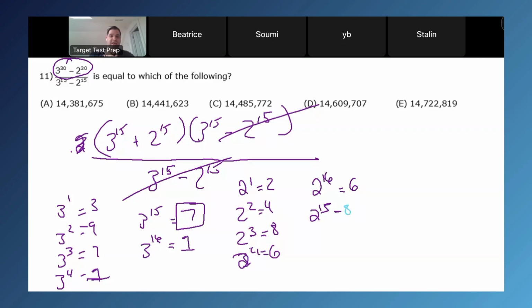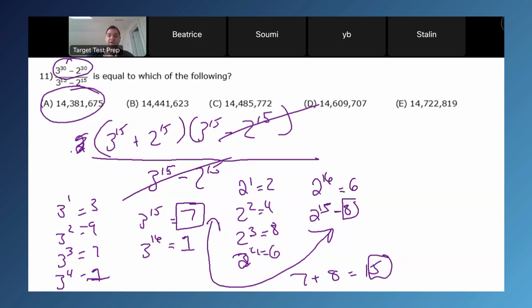So when we add 8 and 7 together, what do we get? 7 plus 8 equals 15. So your unit digit has to be 5. Another tell here is the fact that we have very, very large values, but different unit digits. That's how you can tell the answer's A.